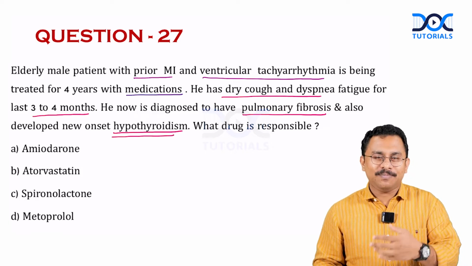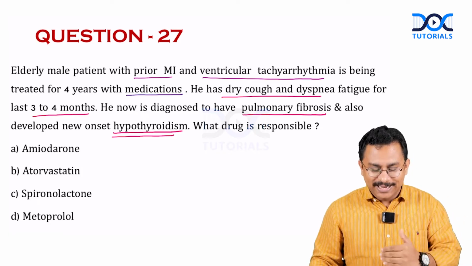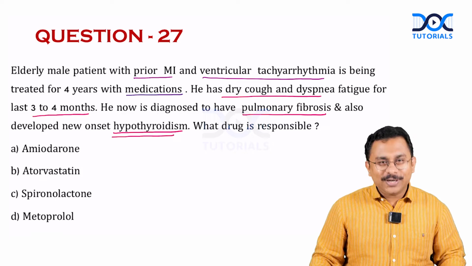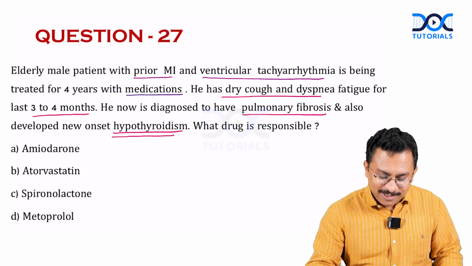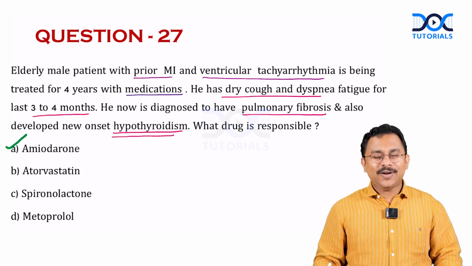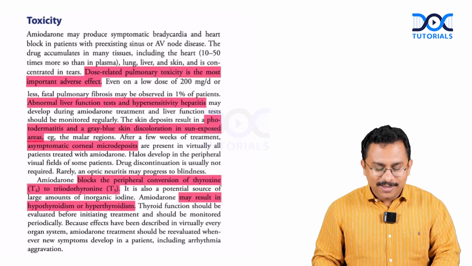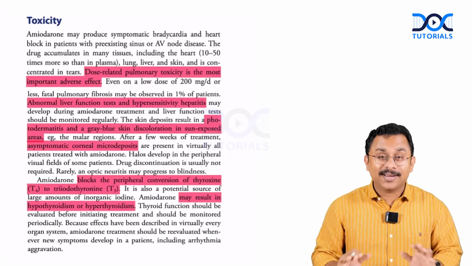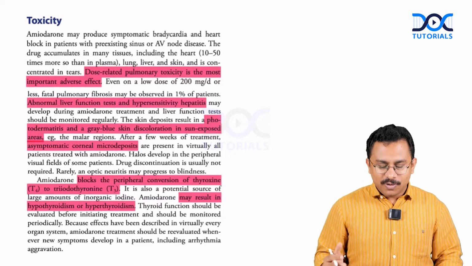So out of the multiple medications that he must have been on, what is the drug that is likely to be responsible? This list of side effects given here is that of amiodarone. So amiodarone is the answer here. When you look at the toxicity due to amiodarone, this is a screenshot that I have taken from Katzung's textbook of pharmacology.